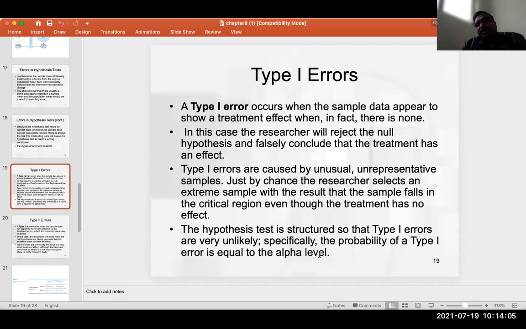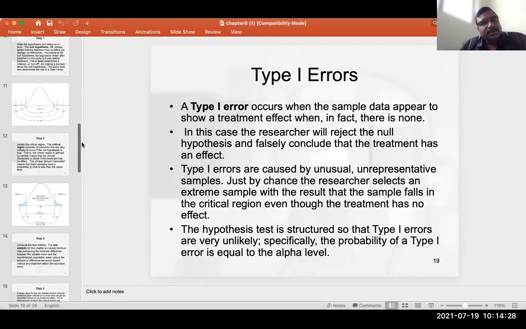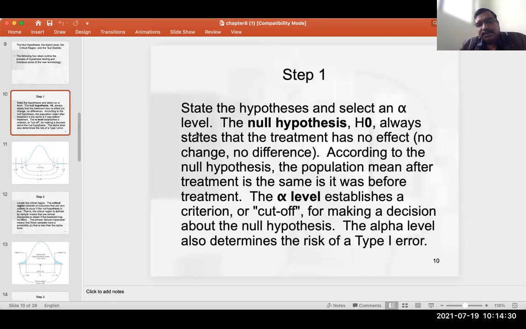This alpha value is chosen by the researcher, chosen by you, if you are going to use any kind of hypothesis testing, and it should be based upon the seriousness of a type 1 error. I think you got that point. Okay, so we are discussing step 1. This alpha level also tells the risk of a type 1 error, right?